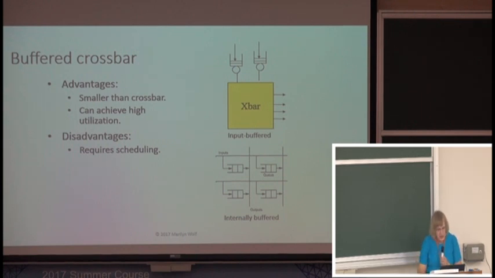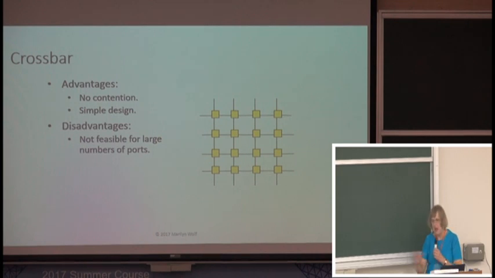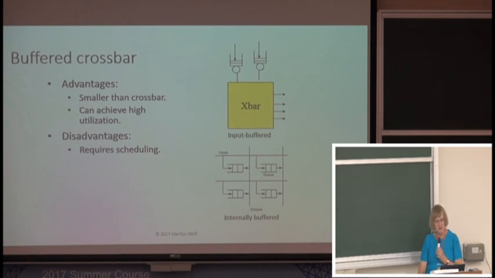Allows you to reduce the interconnect network, but it also means that you have to schedule the transfers a little more. In the case of the crossbar, you set it up and you can just pump data through however you want. When you have these buffers in there, you have to decide, okay, this input wants to go to the output, but this other queue is using it right now, so it's going to have to wait.